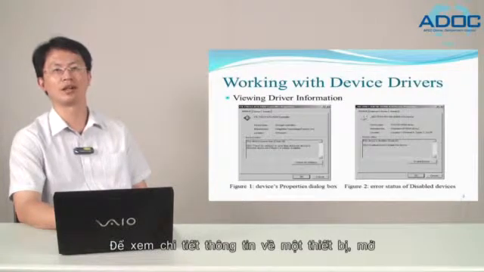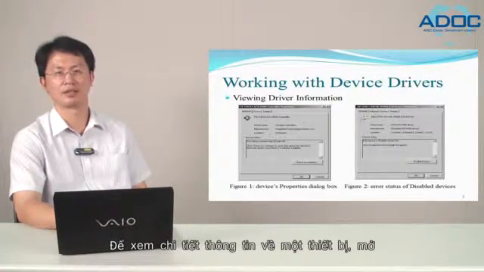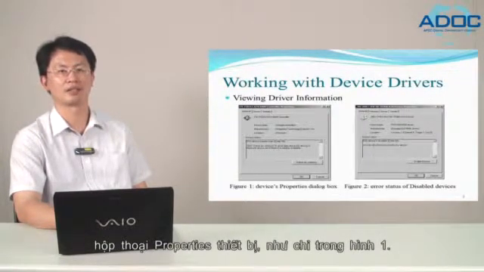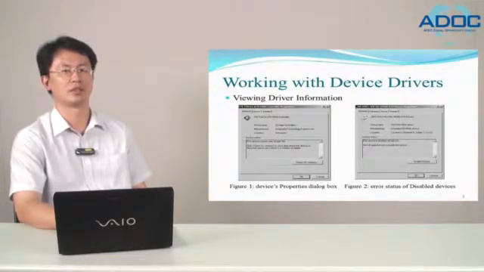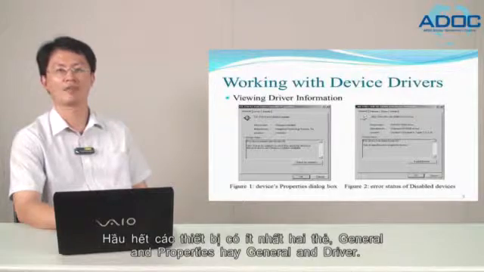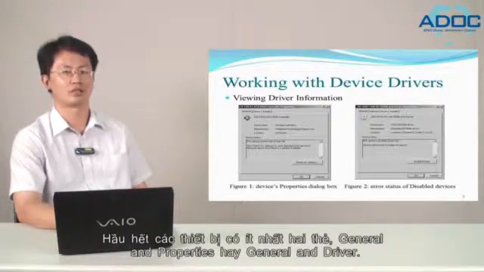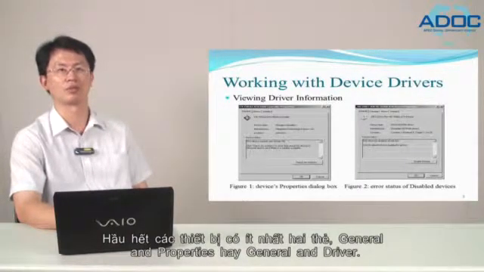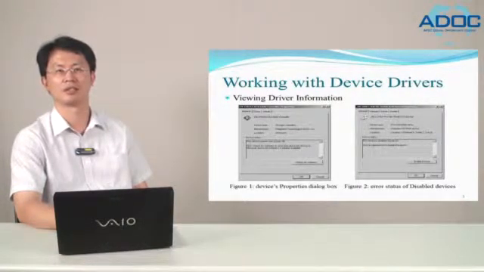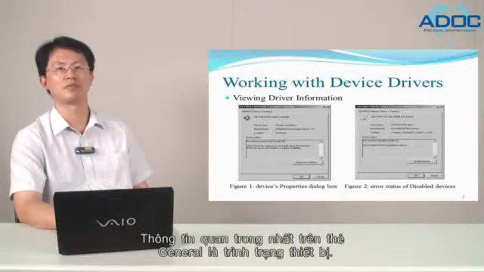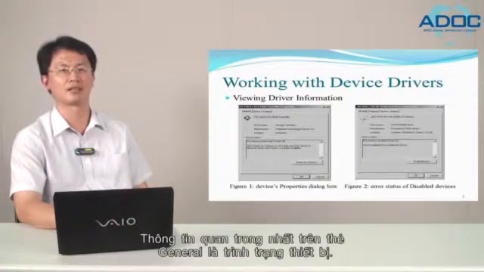To view the detailed information about a device, open a device property dialog box, as shown in the figures. Most devices have at least two tabs, either General and Properties, or General and Drivers. The most important information on the General tab is the device status.